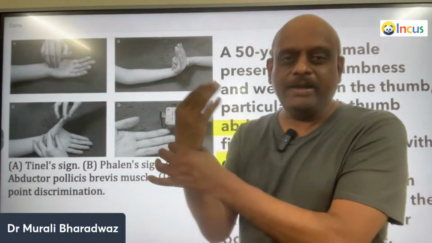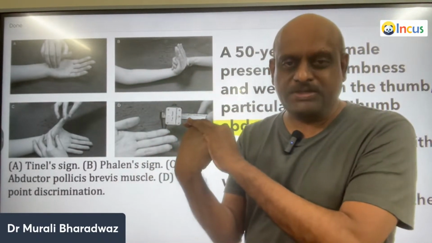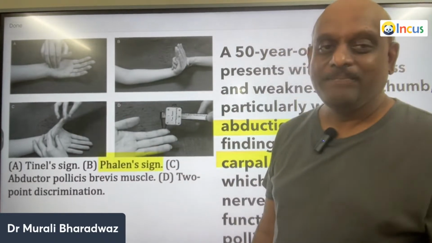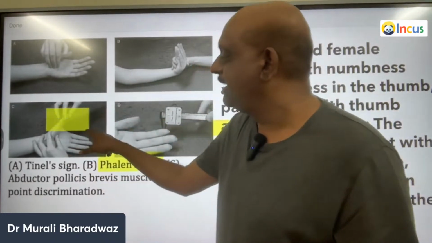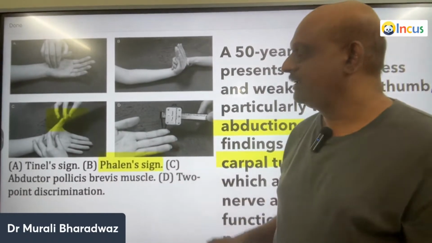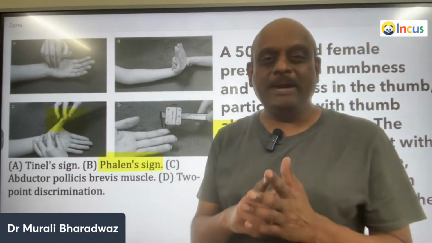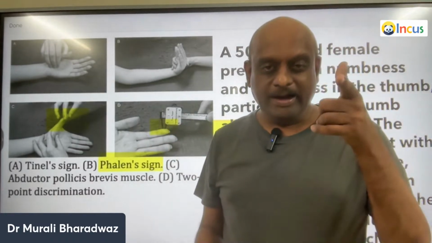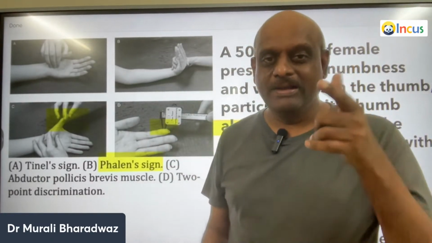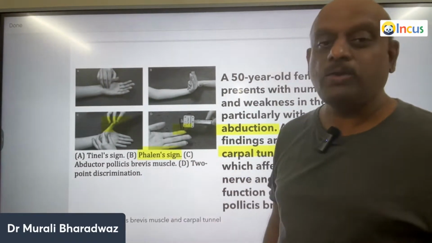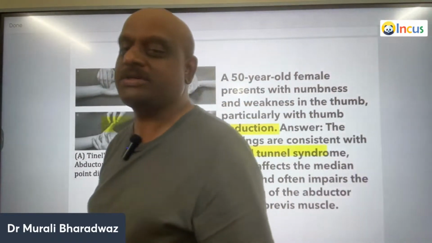Whenever you flex and there is pain, that is called Phelan's sign. And this is how you test the abductor pollicis brevis. Once the median nerve is involved, there is a sensory loss on the index finger, right?